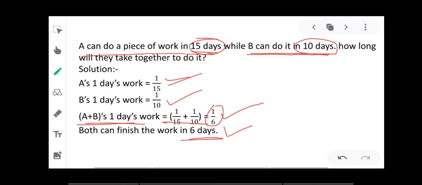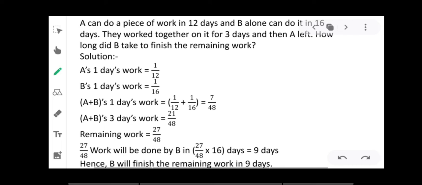Clear? Next, A can do a piece of work in 12 days and B alone can do it in 16 days. They work together on it for 3 days and then A left. How long did B take to finish the remaining work?